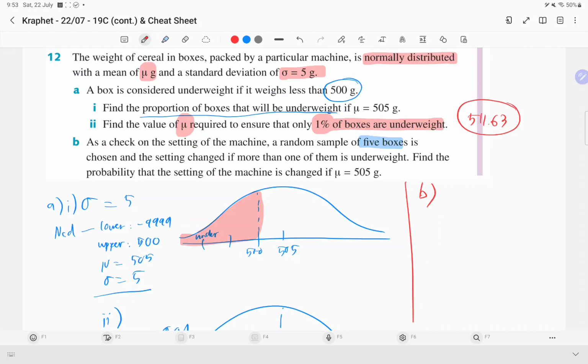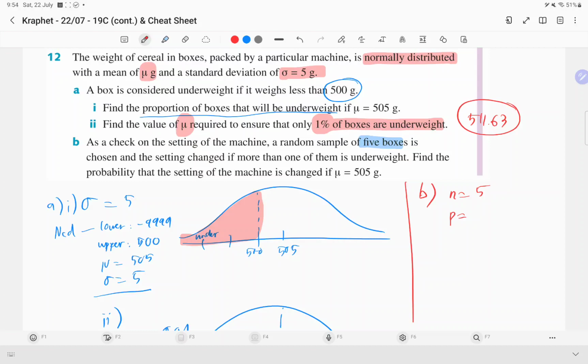So the number is 5. And the P is... 1 on 5? Not 1 on 5? 4 on 5?